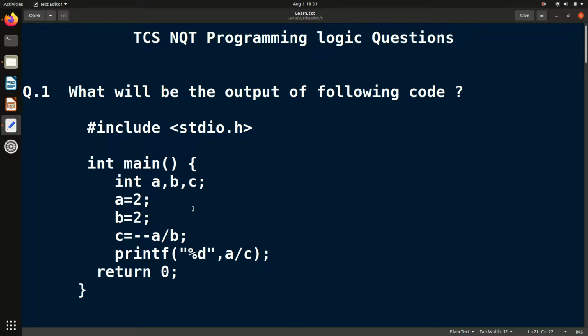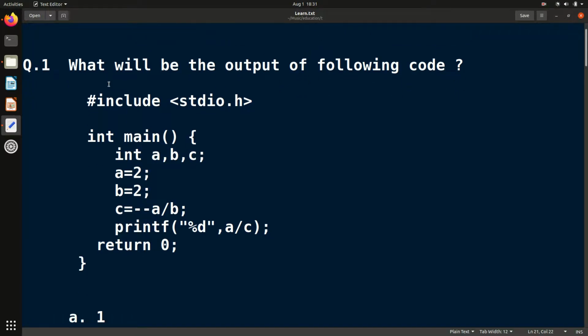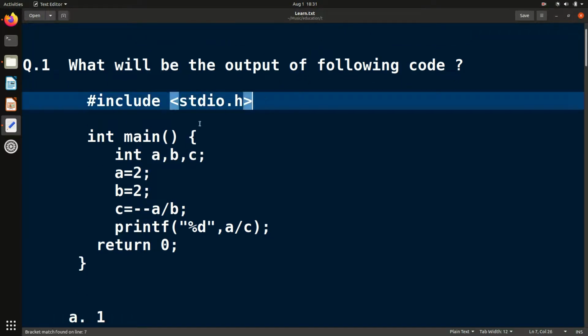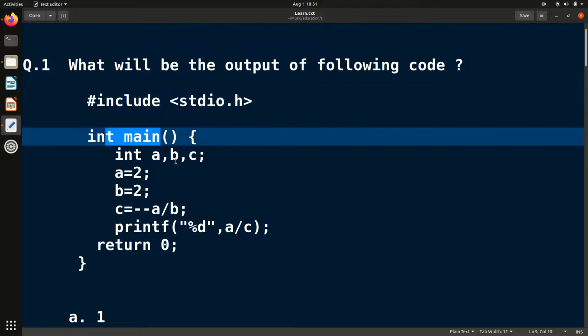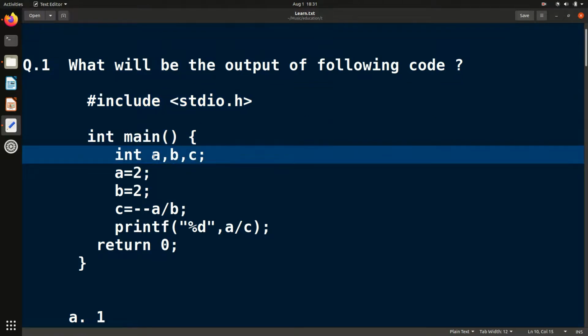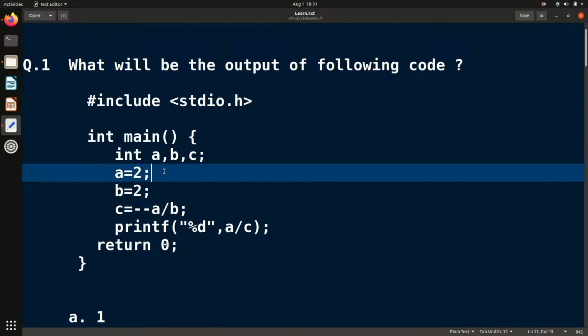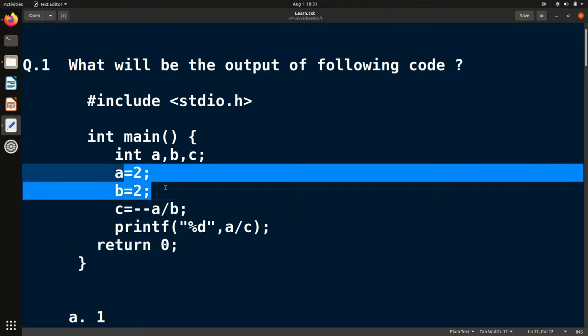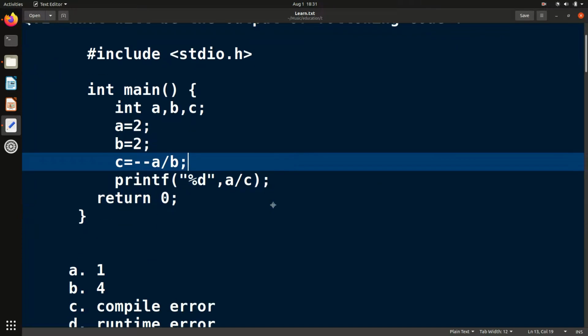Okay, so start from here. This is the header and this is int main, and then we have some variables a, b and c, all integers, so no problem. Now we have initialized a equals 2, b equals 2.